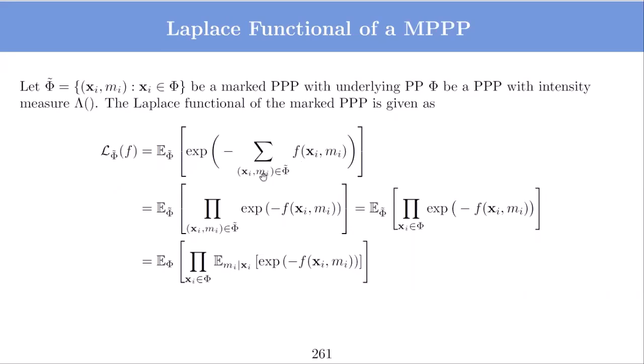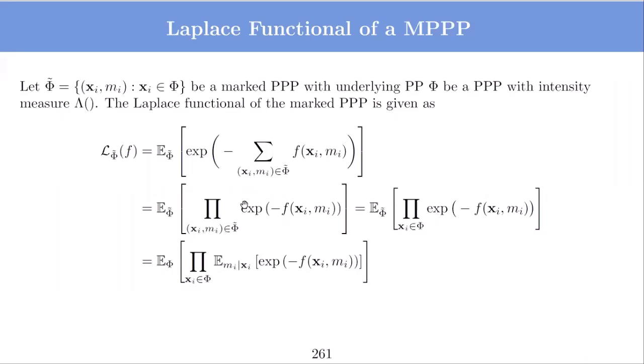For that, what I first do is convert this exponential of a summation to a product of exponentials. So this can be written as the product over all points of exponential of minus f(xi, mi). Now we notice that the points are actually coming from the original point process.